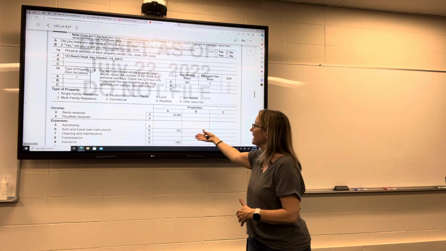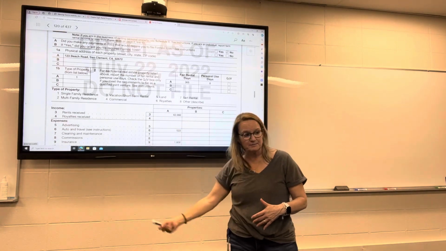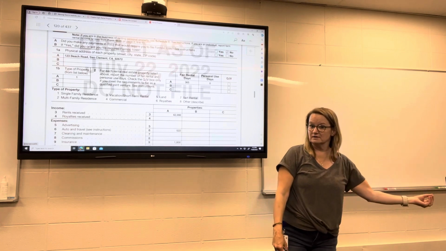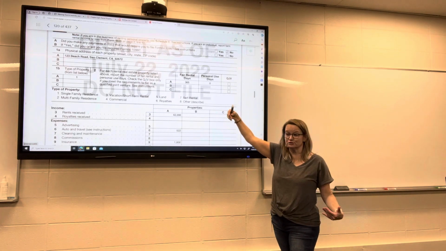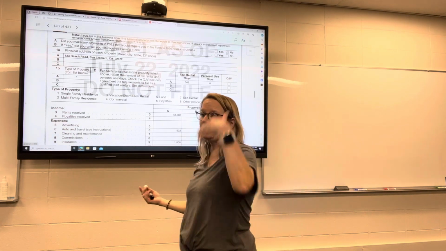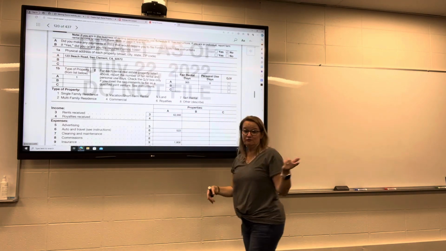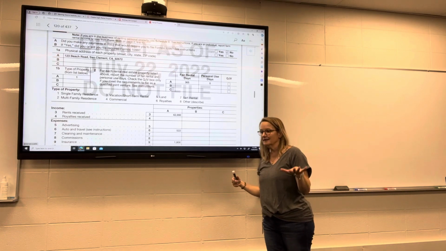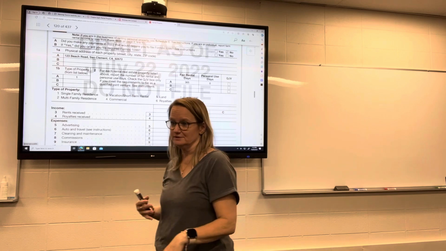So one spouse would have a Schedule E for half of the income and expenses. The other spouse would have a Schedule E for the other half. But this saves them from having to file that partnership return. Partnership returns as well can be very expensive to file. It's a much higher level of service that accountants provide. So if you're interested in tax and you want to make more money, become versed in partnerships and corporations.